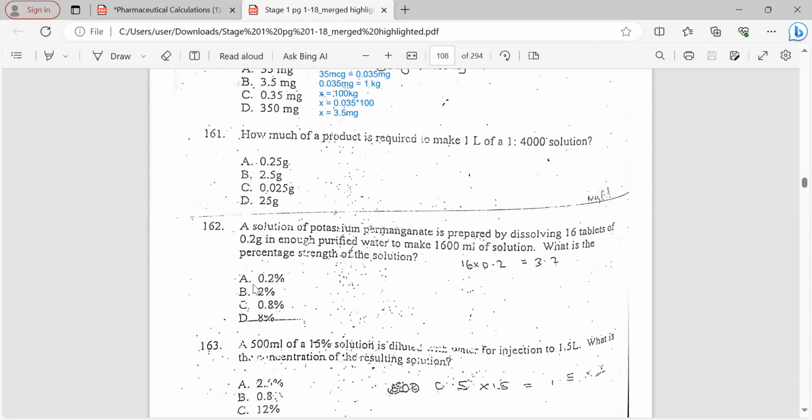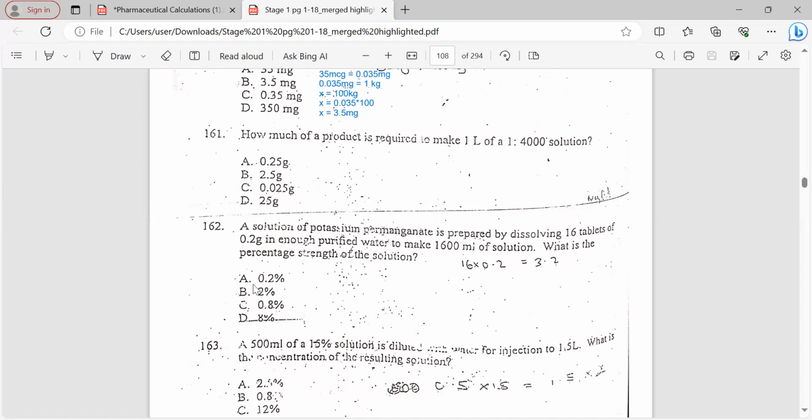If it's volume by volume, it's 1 ml in 100 mLs. So basically, tunaangalia hapo units, either grams and mLs. Then hapa wametuambia 1 is in 4,000. So assuming we don't have the answers, it can either be 4,000 grams or 4,000 mLs. Those are the only two units it can have.